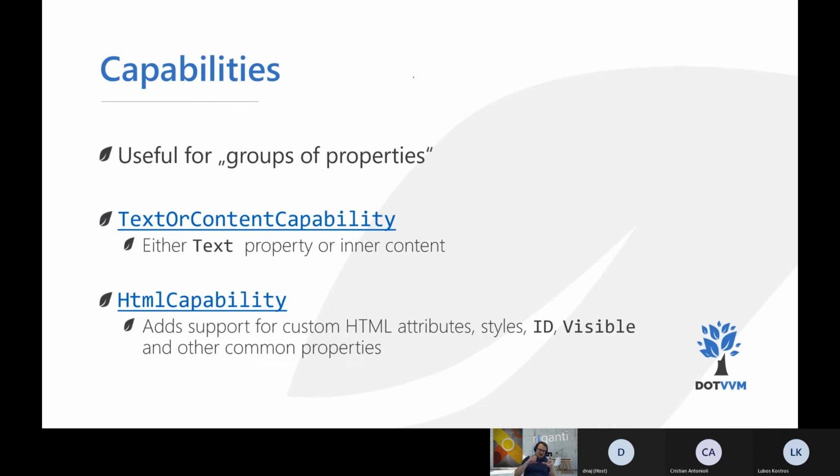For example, in the framework, there is the text or content capability, which handles a typical situation we have in many places in the framework. Some controls allow you to specify either the text property or the content inside the control. Yeah, so one example of that is, for example, the checkbox.